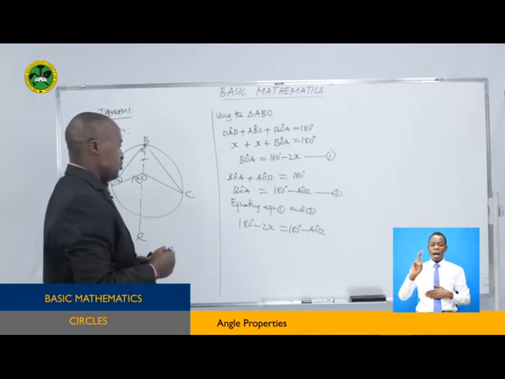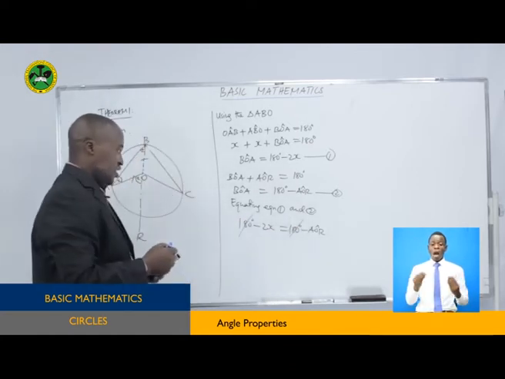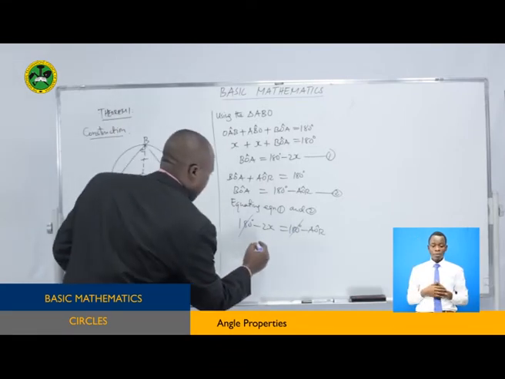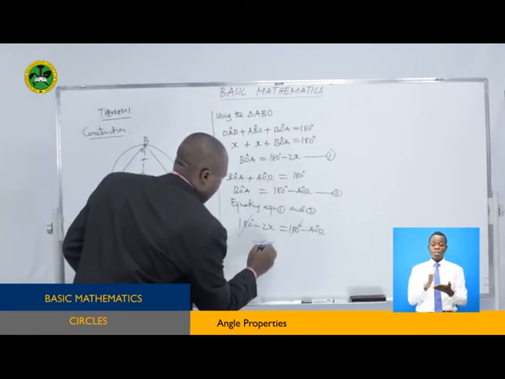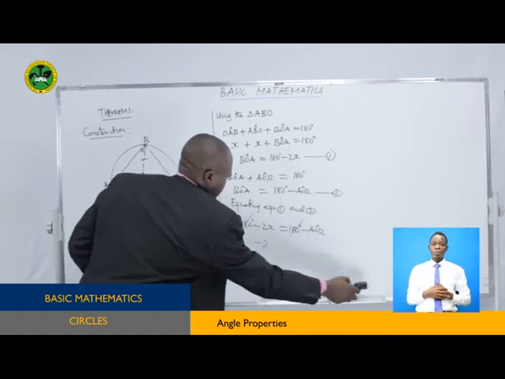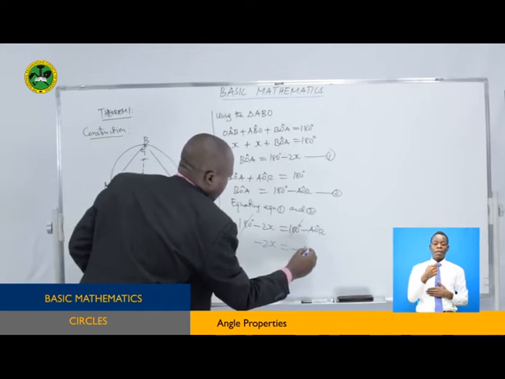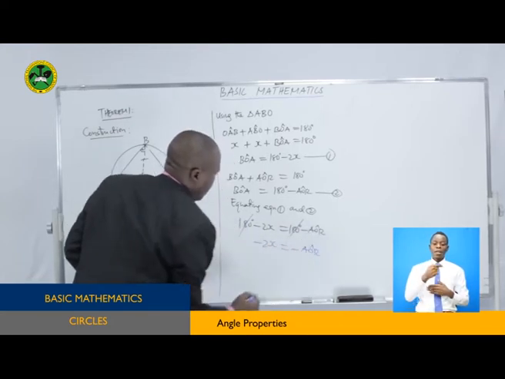We can simplify by 180, then we remain with negative 2x equal to negative AOR.